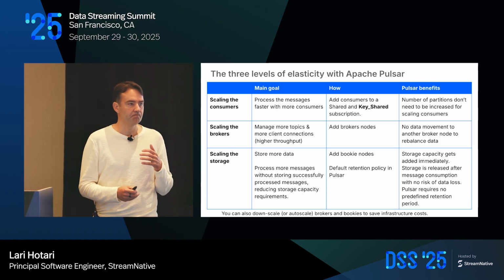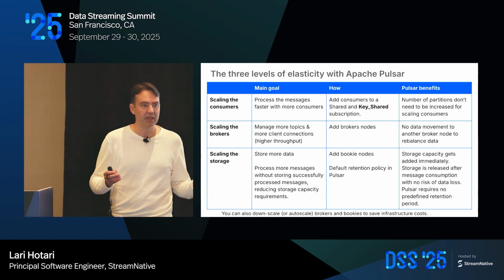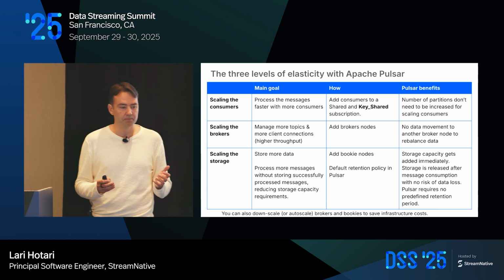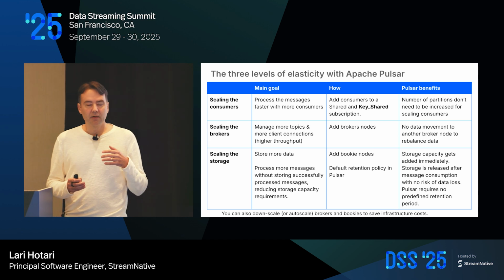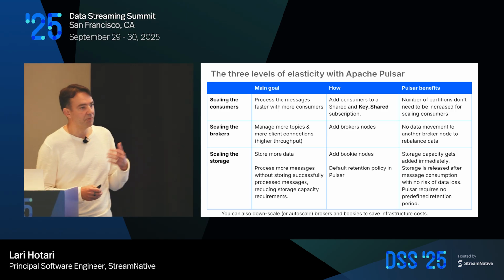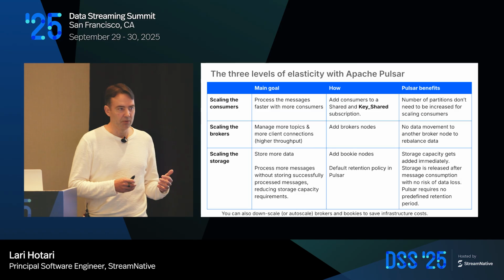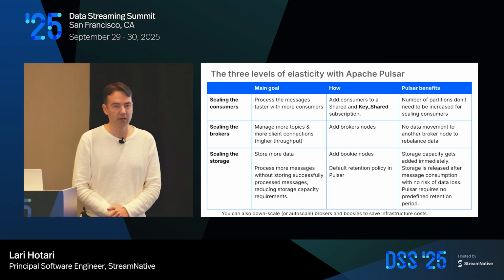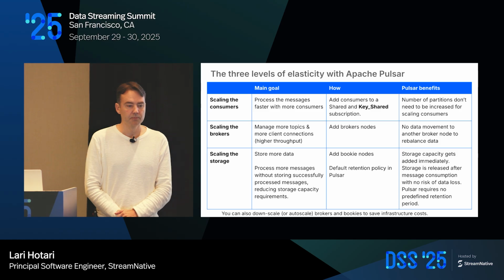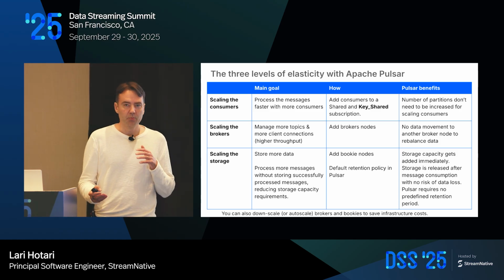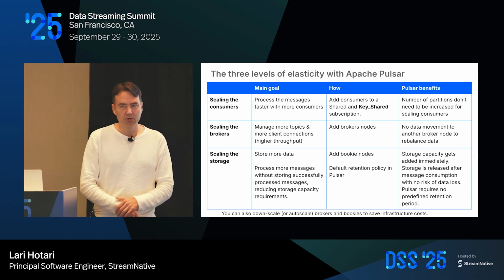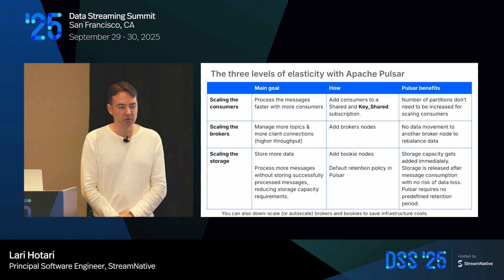That's a big difference compared to Kafka. And on the brokers, since they don't have persistent state, you could also add and remove brokers depending on the workload. And there's no data movement between the nodes because they don't have persistent state.